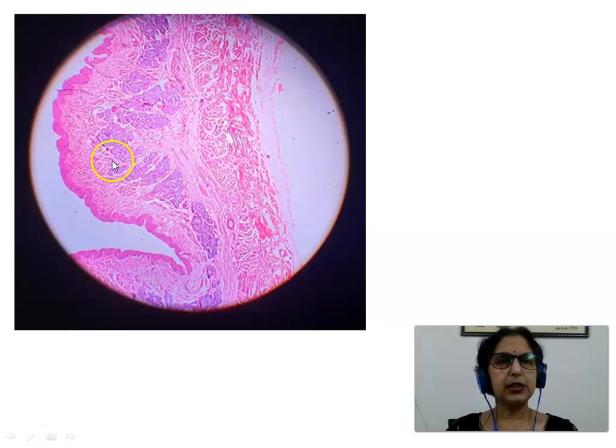Deep to that we see the submucosa, showing presence of these mucus secreting tubuloalveolar glands. Next we see the muscularis externa, showing 2 distinct ways of arrangement: the inner circularly arranged smooth muscle fibers and the outer longitudinally arranged smooth muscle fibers. And outermost is the adventitia or serosa.